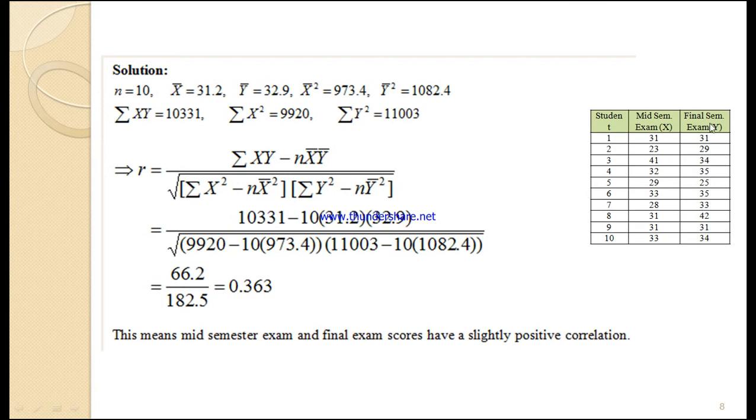We squared the final semester exam result of all of these 10 students, here this column, then we add together the results of each row, therefore we get 11,003. These are the terms that we need to calculate before we get this expanded equation or formula of R.